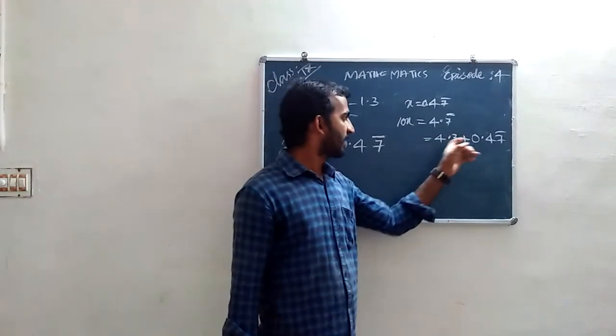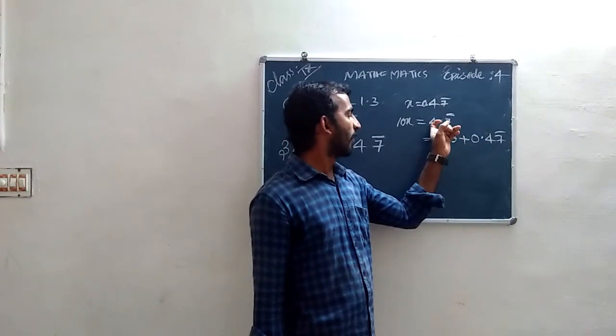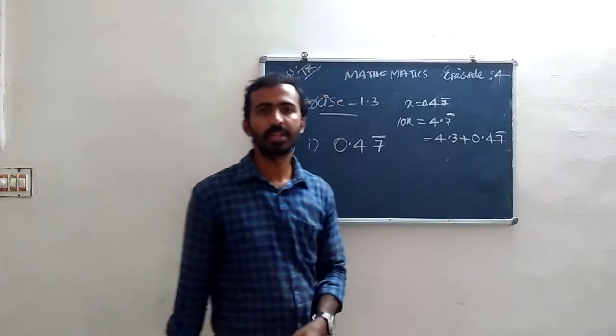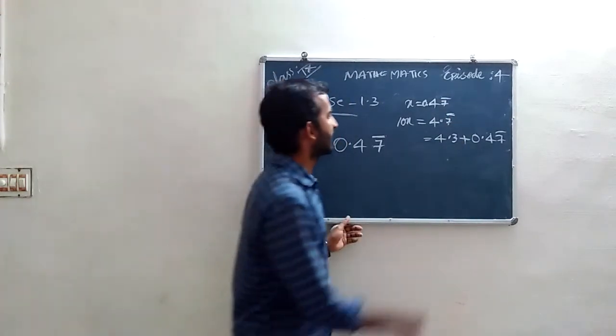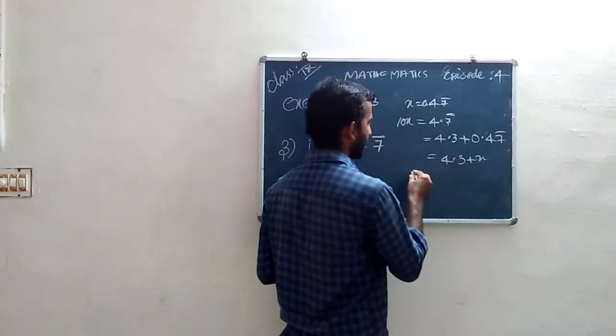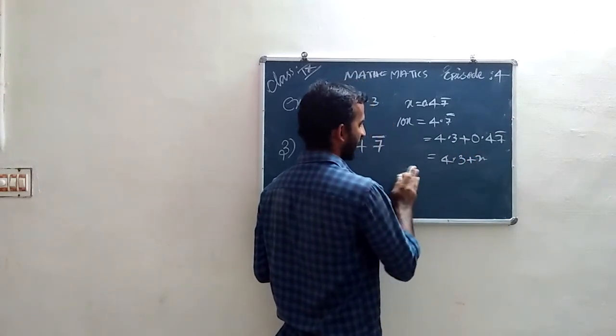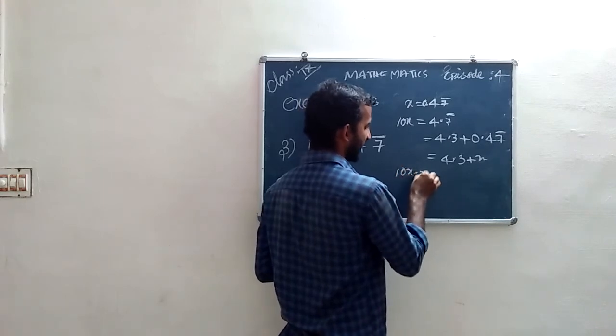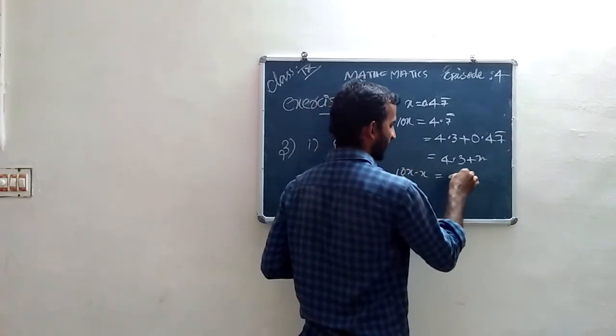Here when we add, we get 4.3 bar. Is it correct? Yes. That is 4.3 plus x. 10x minus x equal to 4.3.